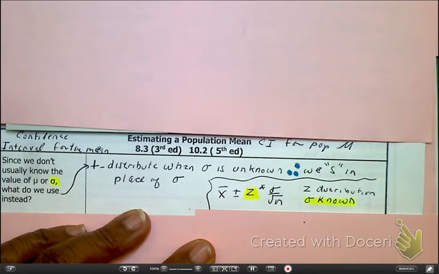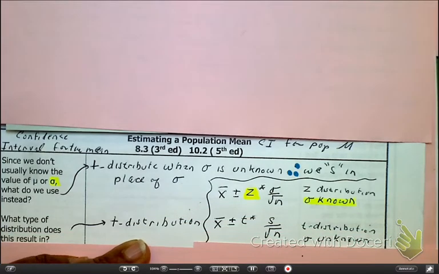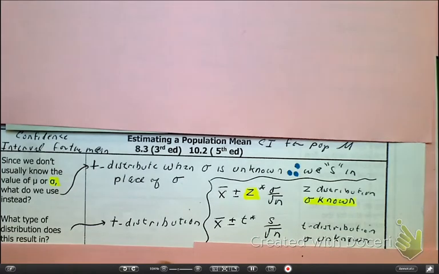Because like I said, we did an activity and I could have easily asked you, instead of for p hat, for the average number of times it landed on its base. Well, nobody knows the population standard deviation, so that means I'd have to use this formula. And this takes us to a completely new distribution.